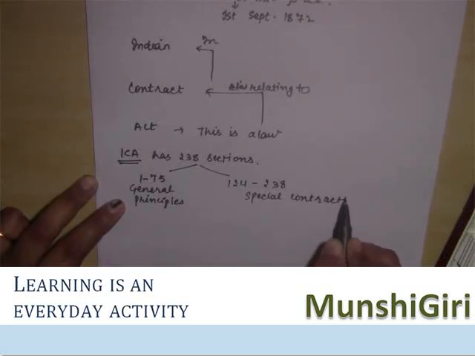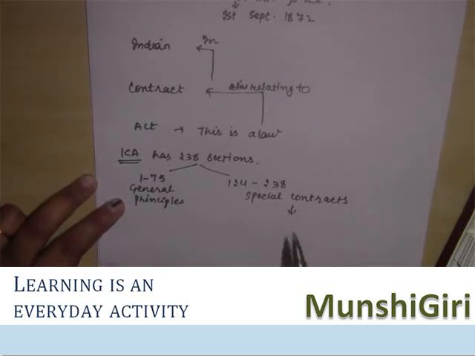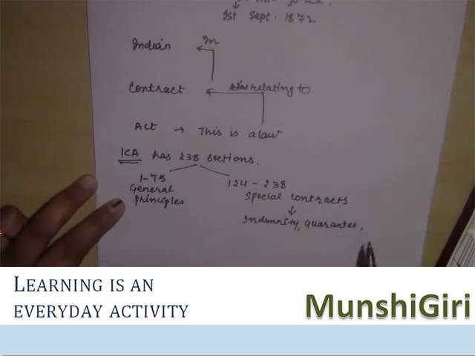Now, which are the special contracts? Special contracts are contracts such as contract of indemnity, guarantee, bailment, pledge, and agency.